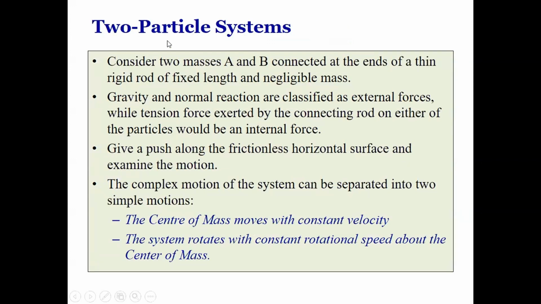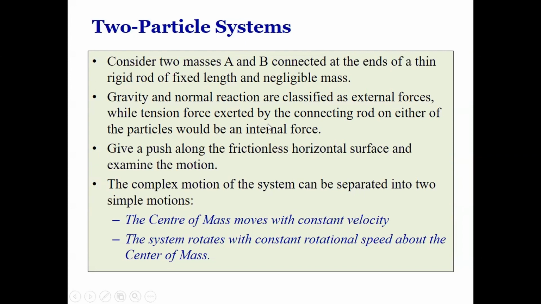Let us consider a two-particle system. There are two masses, A and B, connected at the ends of a thin rigid rod of fixed length, and a negligible mass is associated with that rod. Gravity and the normal reactions are classified as external forces.